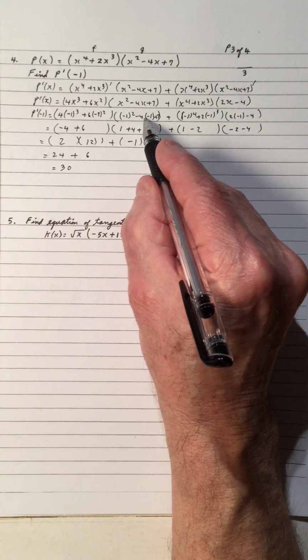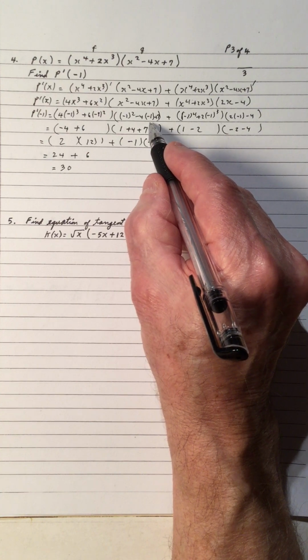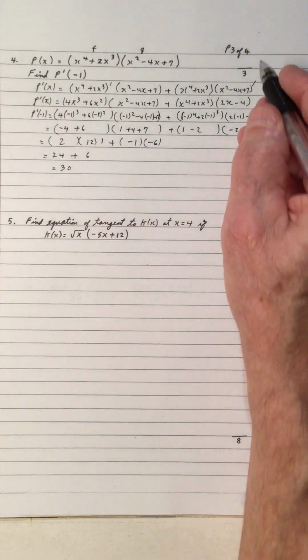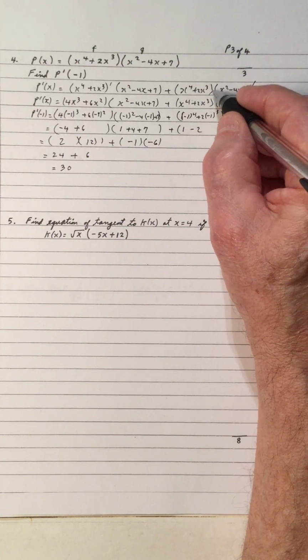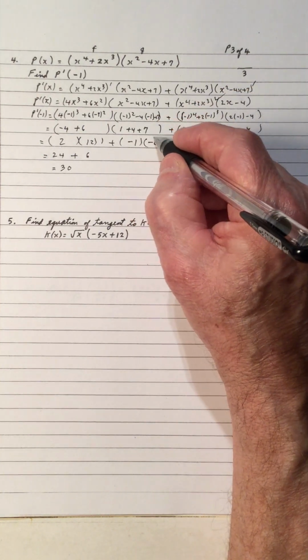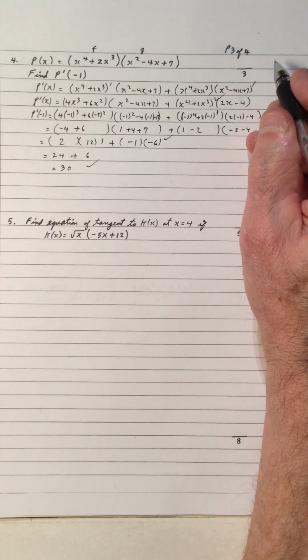That's 1, that's a 4, and that's a 7. So 1, 4, and 7. Perfect. 30. And there's 3 marks here. So if you did the derivative correctly, right here, you get a mark. If you subbed in the negative 1 here and got this, and you simplified it to 30, 3 marks altogether.